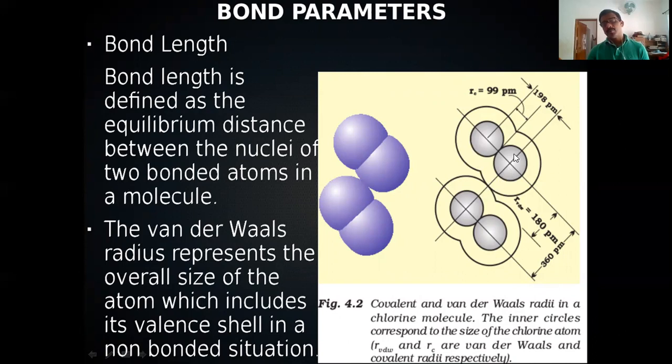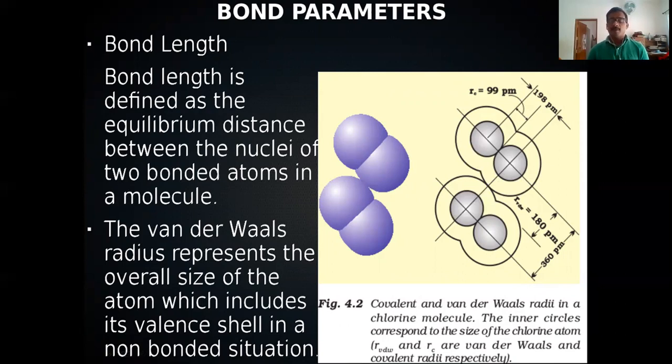And here these two molecules are combined, but here these two atoms are not close to each other. However, in that case also, the bond length is considered as the distance between the nuclei of two bonded atoms. So did you understand what is bond length?